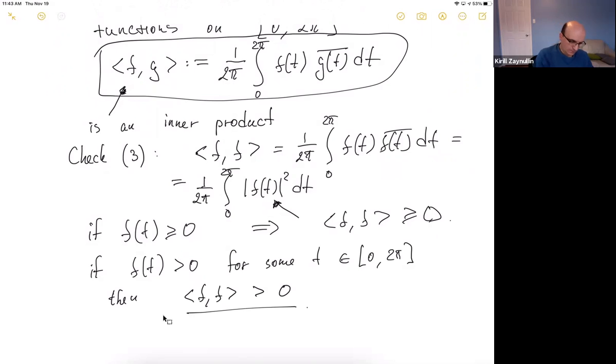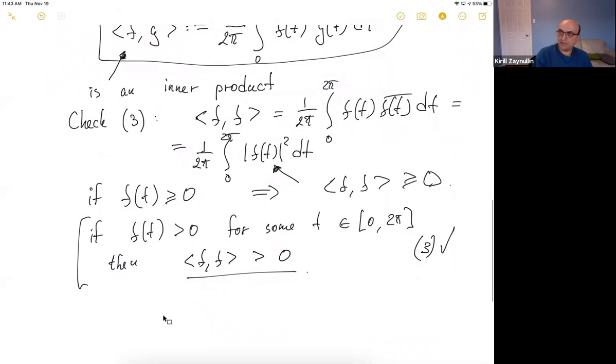That means that property 3 really holds in this case.